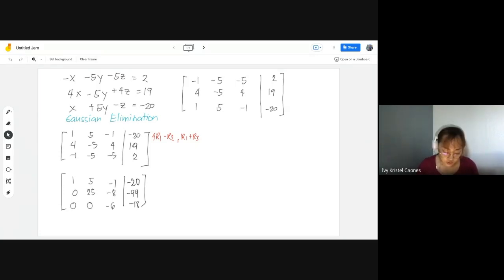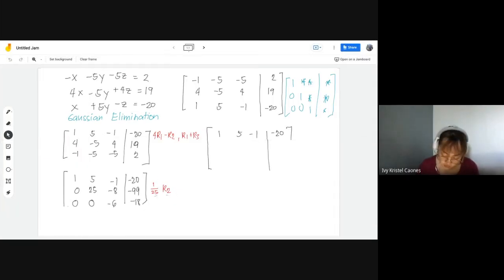In Gaussian elimination, our target is for you to have 1, 1, 1, 0, 0, 0, asterisk, asterisk, asterisk, then asterisk, asterisk, asterisk. The next step is to make this into 1. Actually no, this one first. That is by multiplying your row 2 by 1 over 25, which will give you 0, 1, then 0.